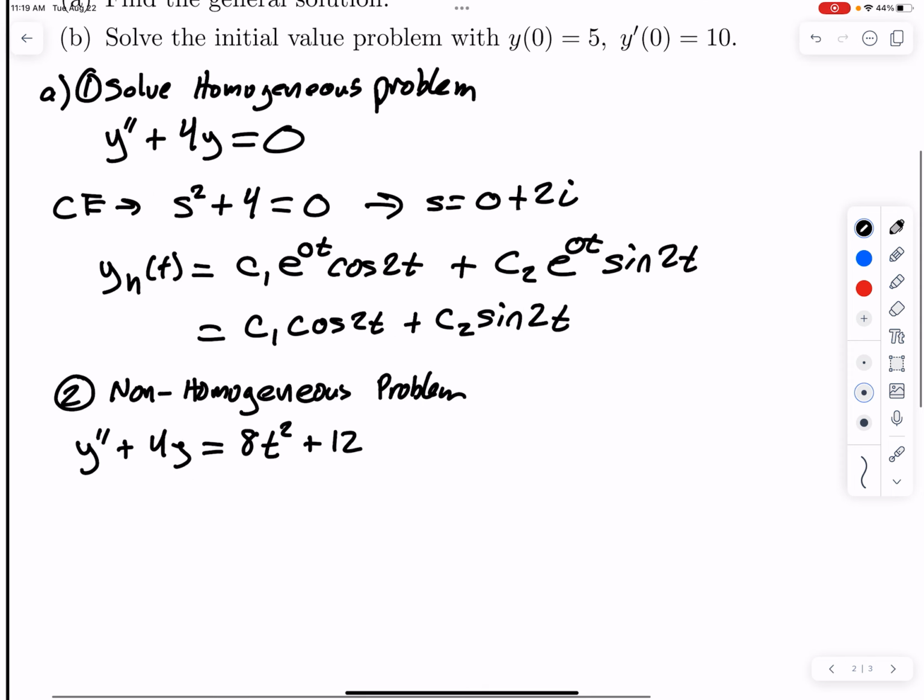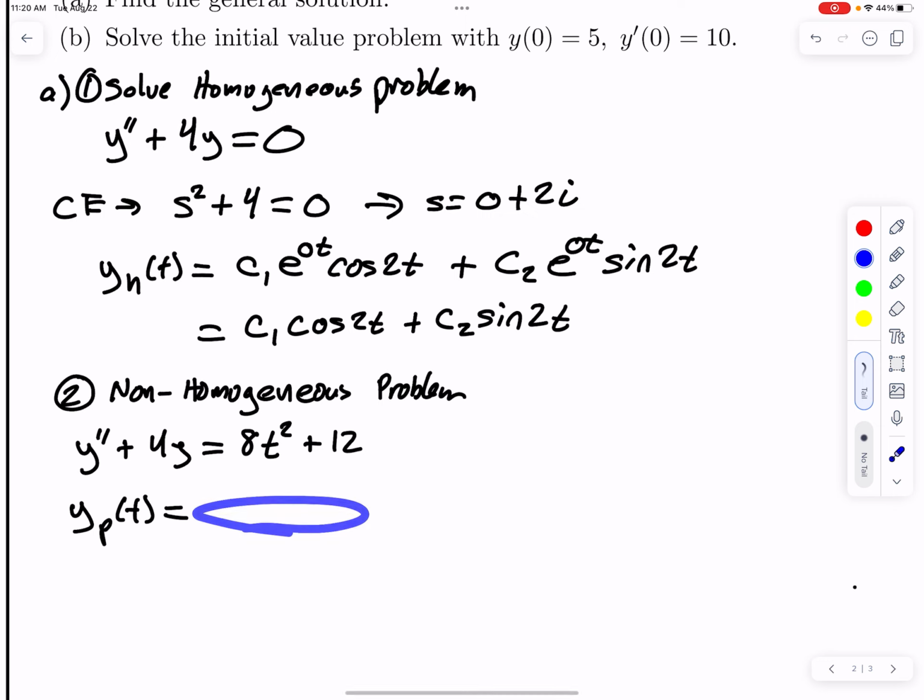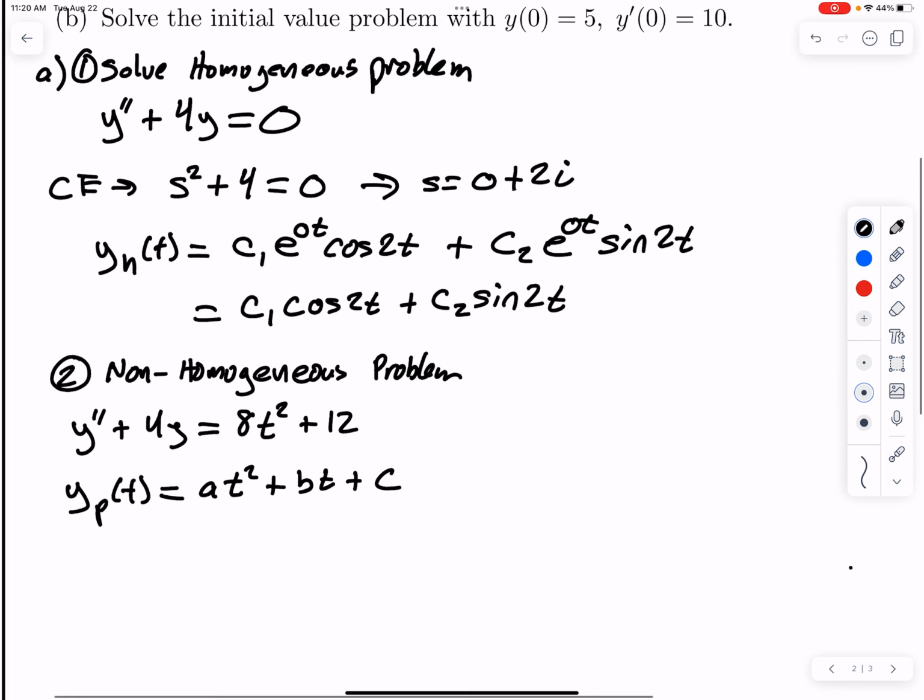The way we do this is we guess. So I pick my particular solution. I know that when I take functions and their derivatives, if they're going to end up being t squared functions, I'll probably start with a t squared function. So let me try at squared plus bt plus c.